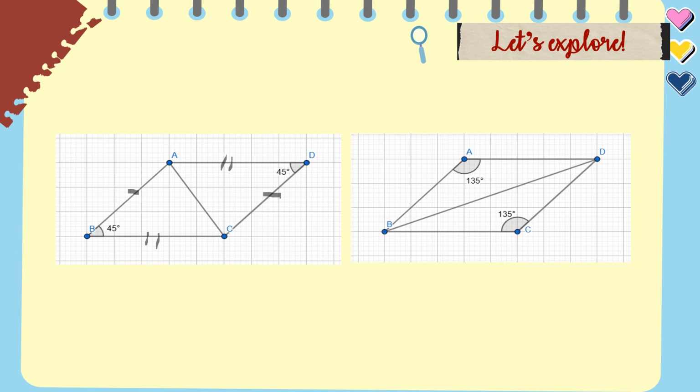Angle B is congruent to angle D. And by SAS, side-angle-side, we can say that triangle ABC is congruent to triangle CDA.